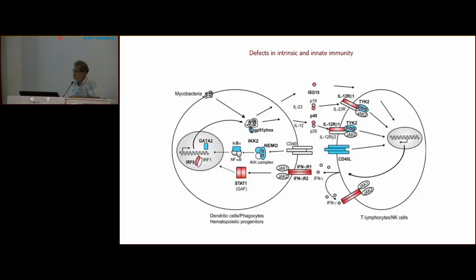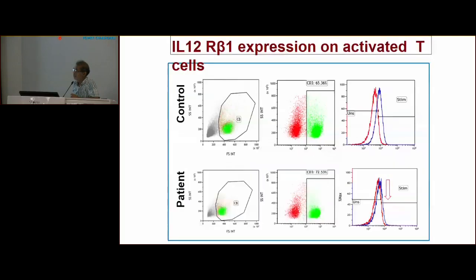So the next group of disorders is defects in intrinsic and innate immunity. And here you've got the prototypic disorders like Mendelian susceptibility to mycobacterial diseases. And here again, you can look in the PBMCs. So again, PBMCs are separated. How do you separate PBMCs? Does anyone know?